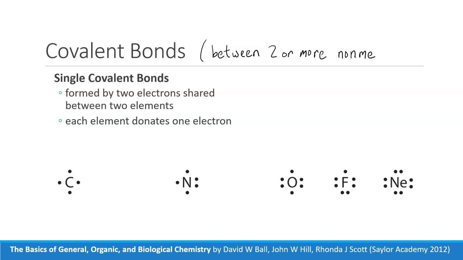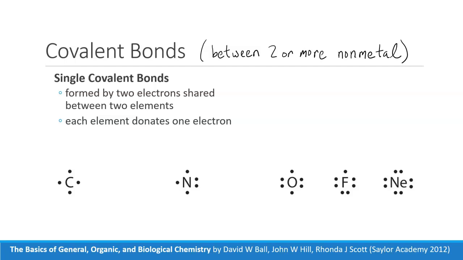Remember that when we dealt with bonds between metals and nonmetals, those were considered ionic bonds. So in this case, we're looking at all nonmetals, and those will create your covalent bonds. And the first type that we're going to look at is a single covalent bond. And a single covalent bond is going to be formed by two electrons that are shared between two elements.